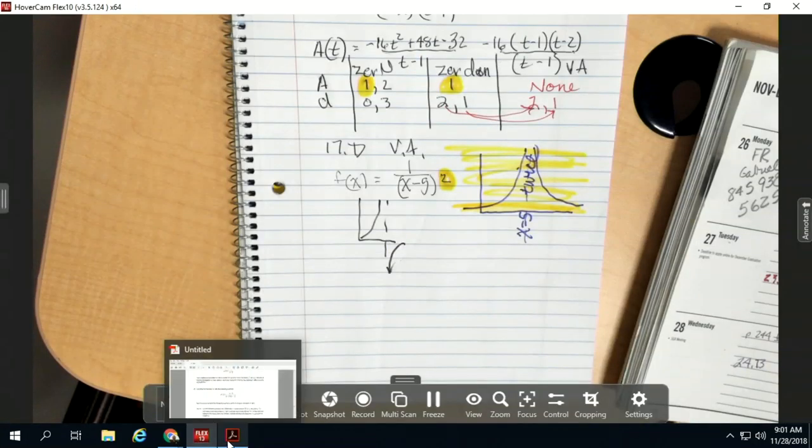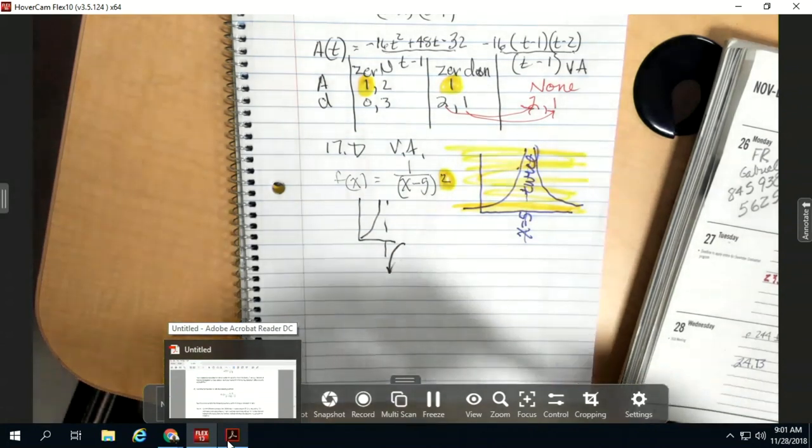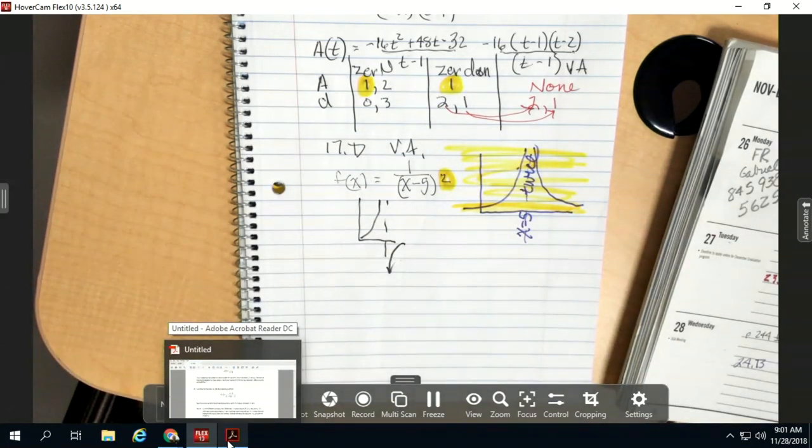All right, so let's copy down that formula and let's figure out what it tells us.